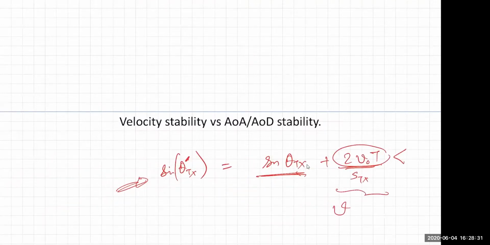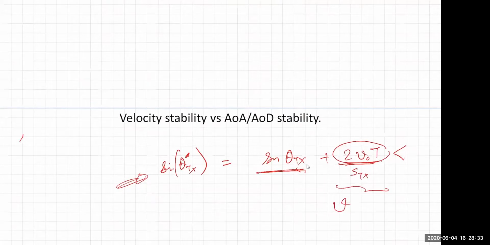So the problem statement is basically now what happens is, let's take an example. Let's say you're doing a 3-dimensional transform, or a 4-dimensional transform, either case, it doesn't matter.